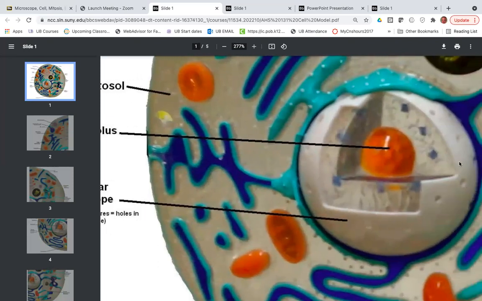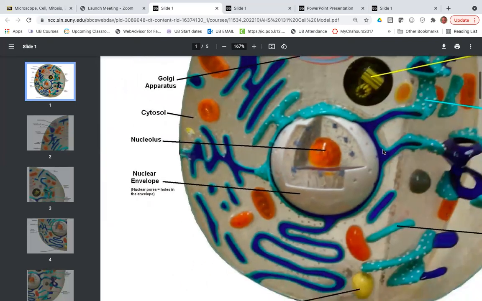Again, the nuclear envelope is the white, the nuclear pores are the holes. The clear section is the nucleus, and the nucleolus is the orange structure contained deep within.